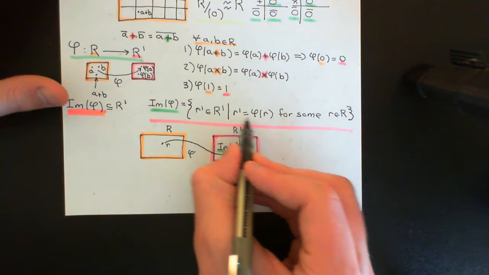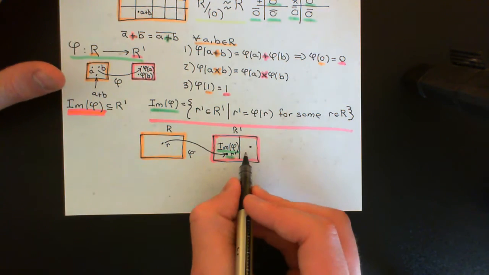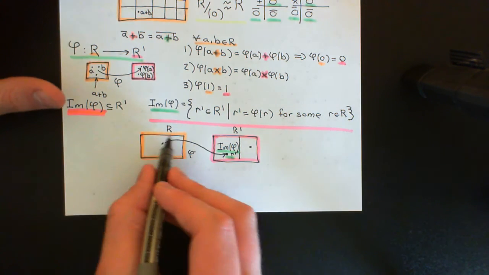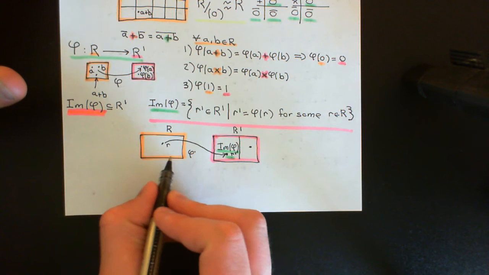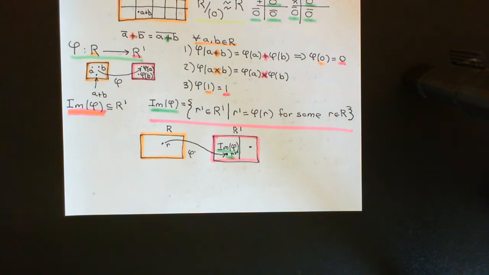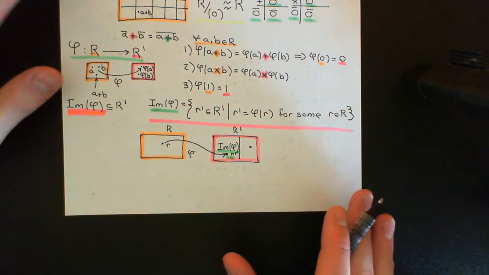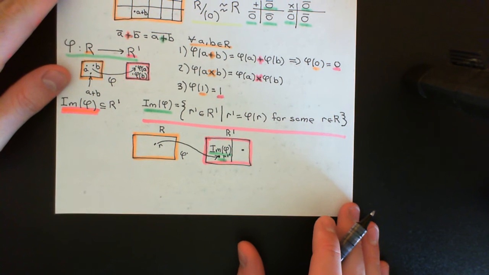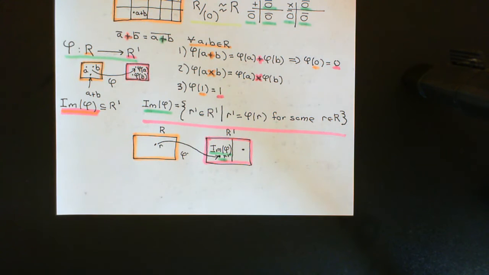That's what this criterion says. So elements like this one over here, which have absolutely no elements in the domain ring being mapped onto them, are not in the image of the homomorphism. So the image is just the subset of the codomain ring which have elements in the domain ring being mapped onto them. It's just the normal definition of the image of a function, basically.